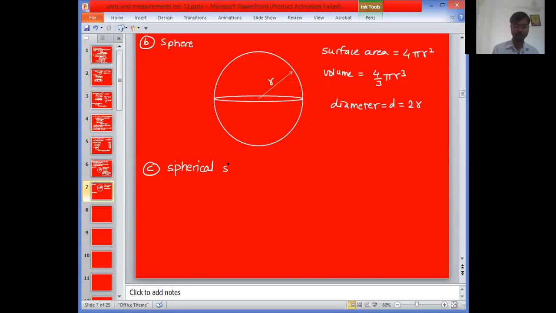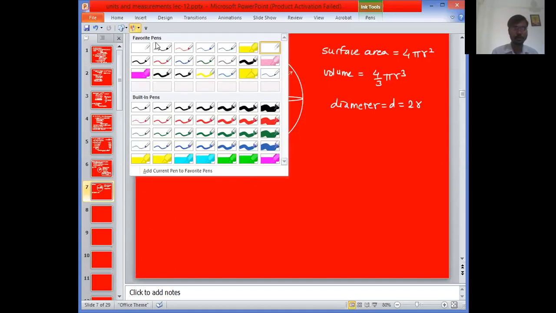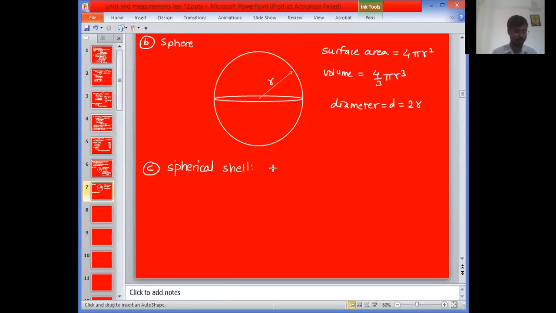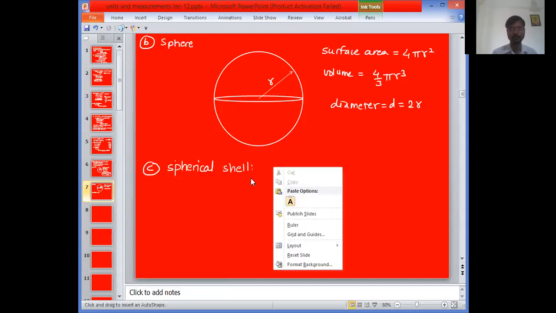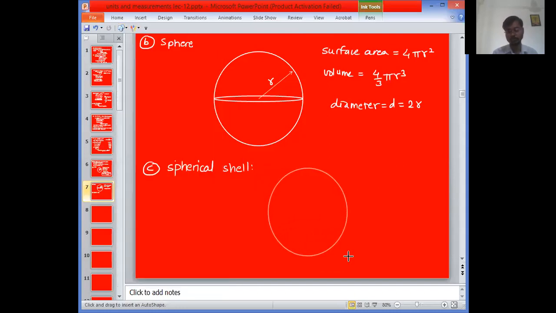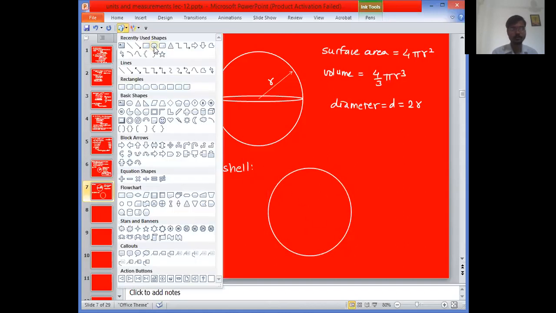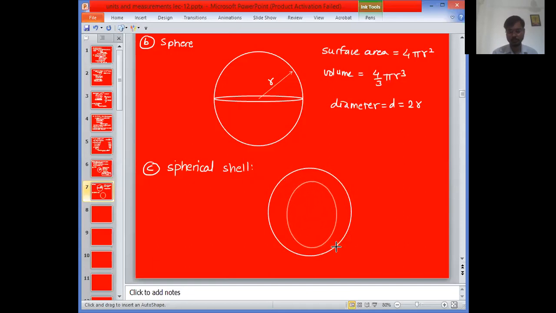Spherical shell. Now, spherical shell means what? Spherical shell means inside there will not be any material. Let me draw it so that you can understand. Slowly you will understand the meaning of this.